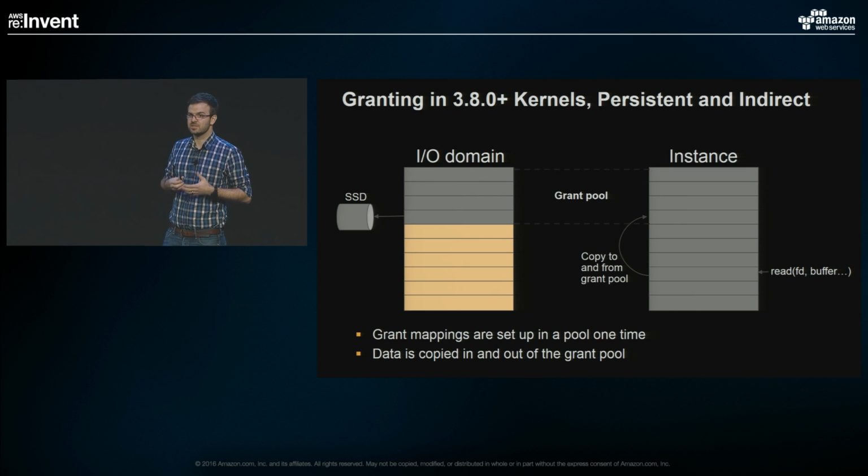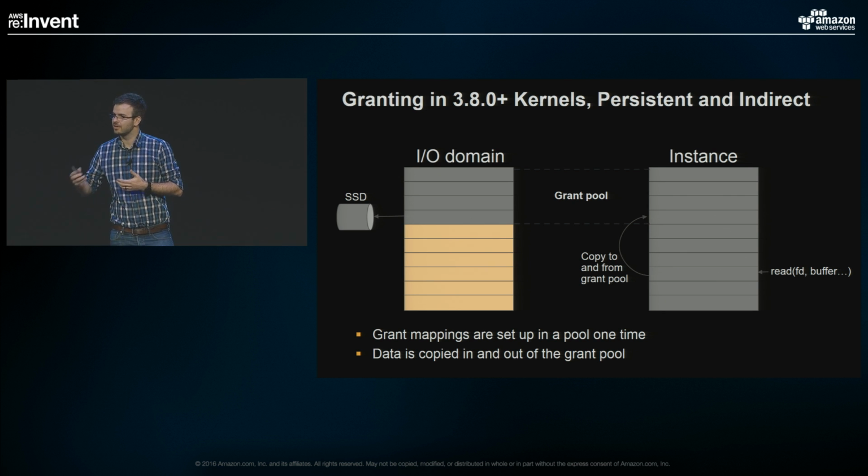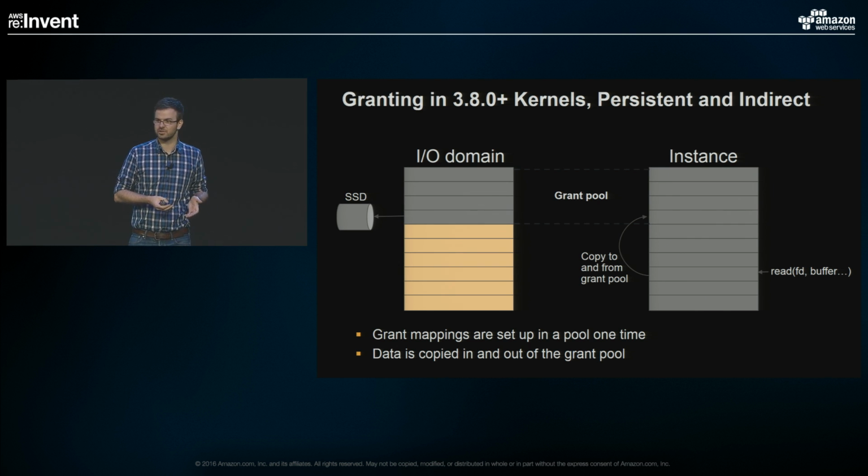So to solve this, persistent grants were created. With persistent grants, the permission to write to that device is actually reused for all the transactions between the front-end and the back-end driver. So grants don't need to be unmapped anymore, and that translation buffer never needs to be flushed.